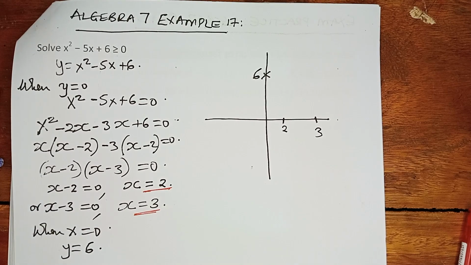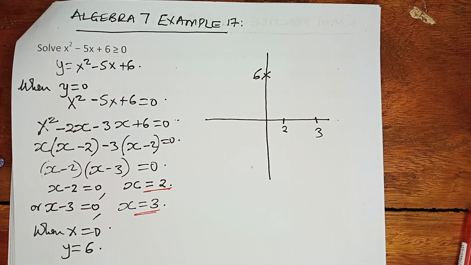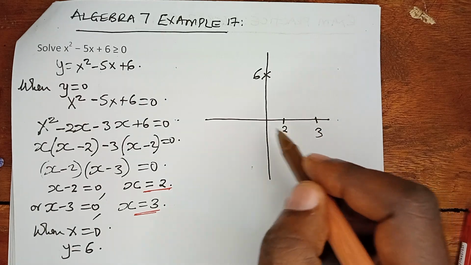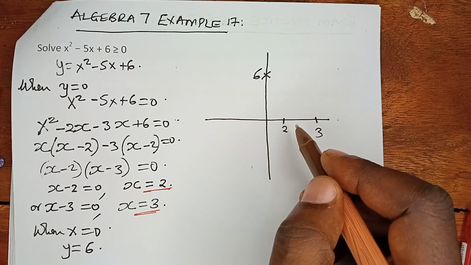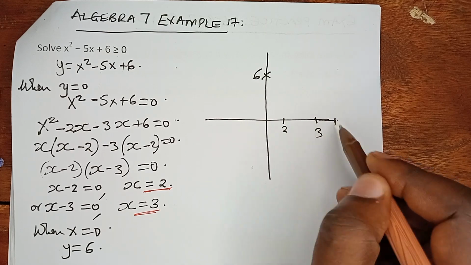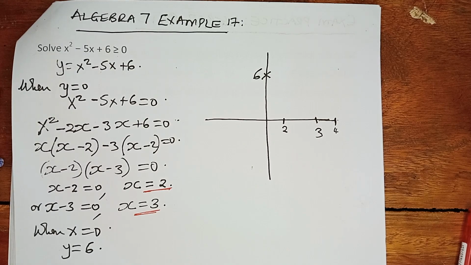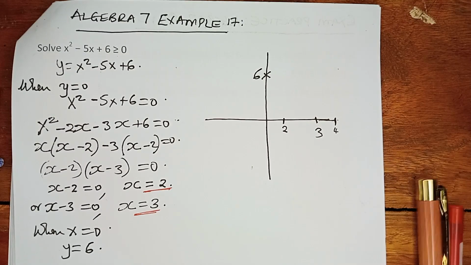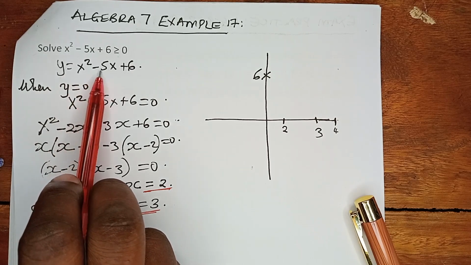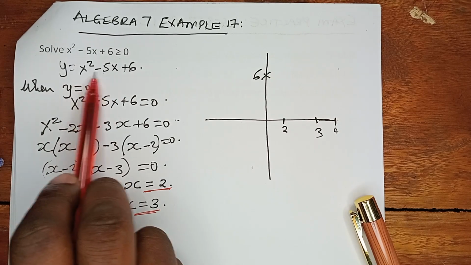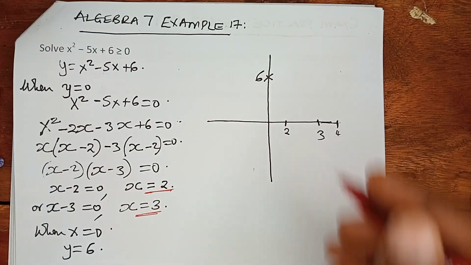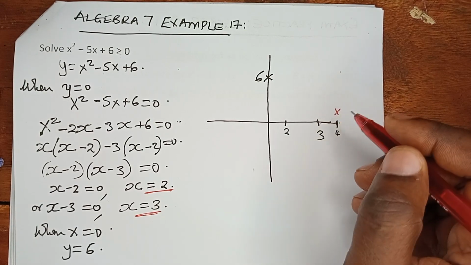What if we took the value of x one step beyond 3, let's say 4? How will the graph behave? When x is 4, y is equal to 16 minus 20, which is minus 4, plus 6, which is going to be positive 2.